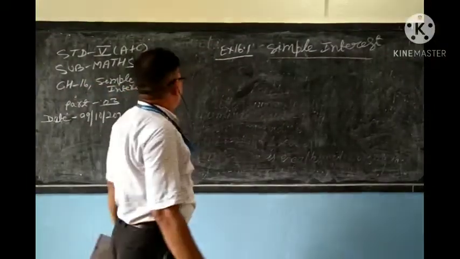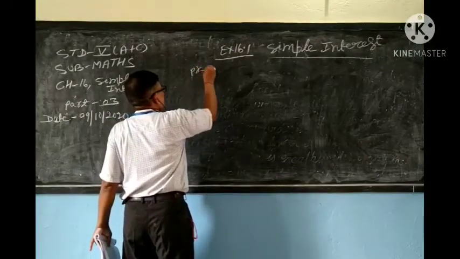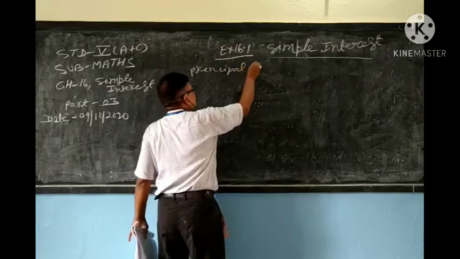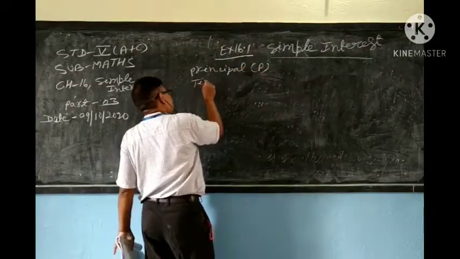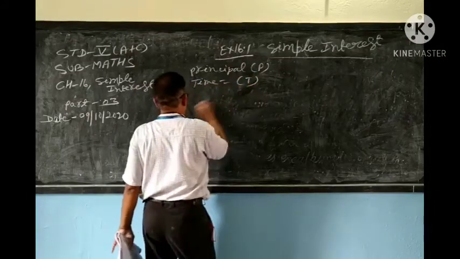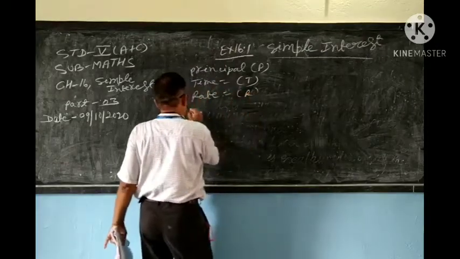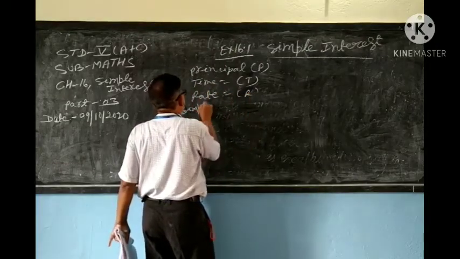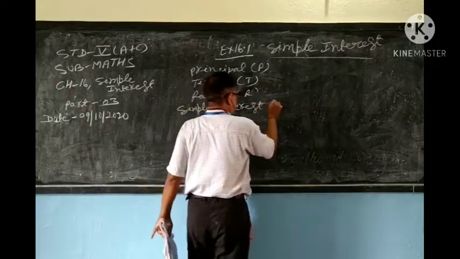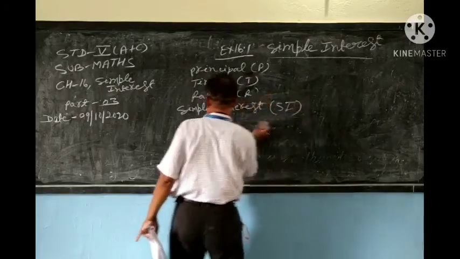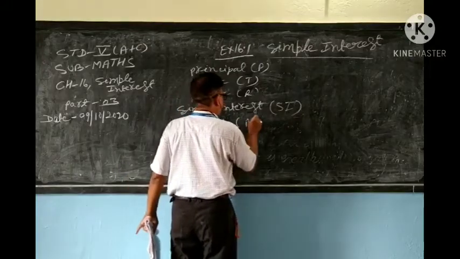Now I am writing once more: Principal is denoted by P. Time is denoted by T. Rate is R. Simple interest is denoted by SI. Amount is denoted by A.